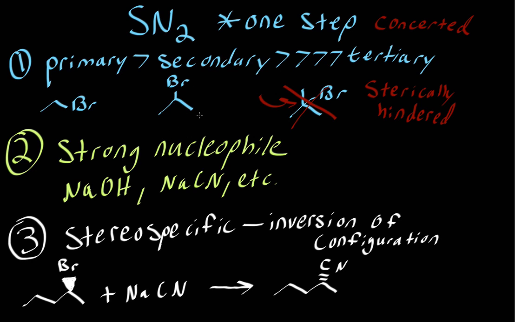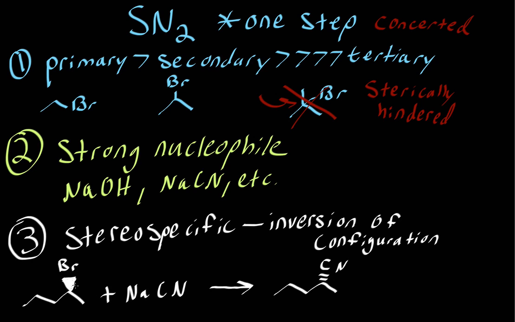So another way to determine if we're doing an SN2 is the nucleophile that we're using. If we have a strong nucleophile, such as sodium hydroxide or sodium cyanide, chances are we're doing SN2. And an important tip when you do these problems is that if our carbon has a stereochemistry, such as this carbon has a wedged bromine, we are going to do an inversion of configuration, where this wedged becomes a dashed when our nucleophile attaches.